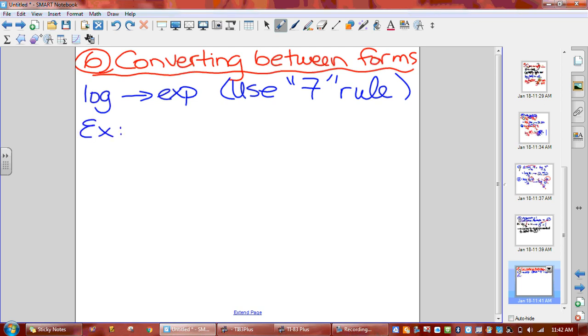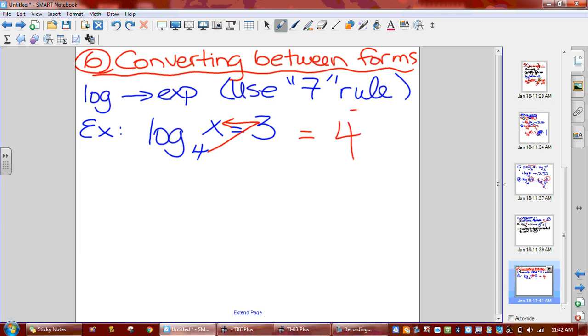Example, log base 4 of x equals 3. Okay, we're going to use our 7 rule. That creates a 7, which makes 4 exponent 3 equals x.